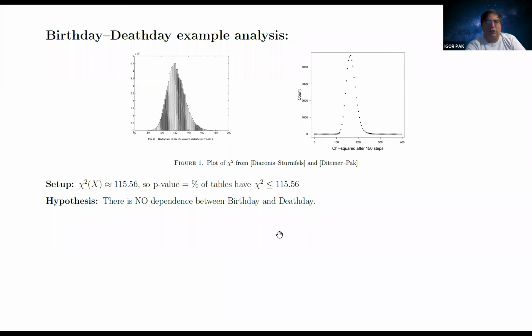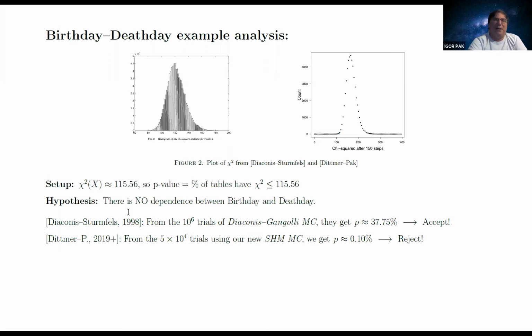So the hypothesis that you want to test, and I promise there's not going to be much statistics at all. Me teaching it once doesn't really qualify me as an expert. So what people do is that they run Markov chains, and basically they plot the distribution of chi-square.